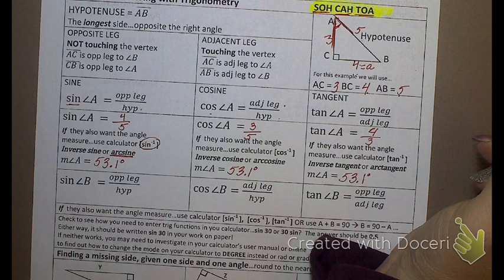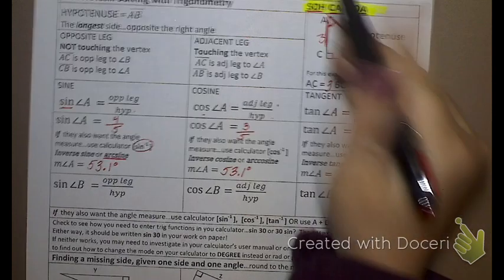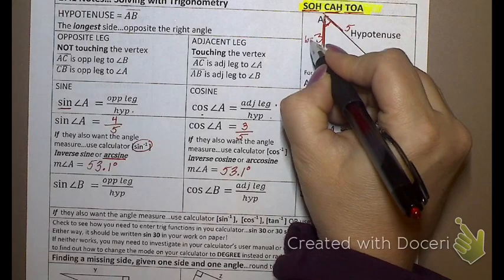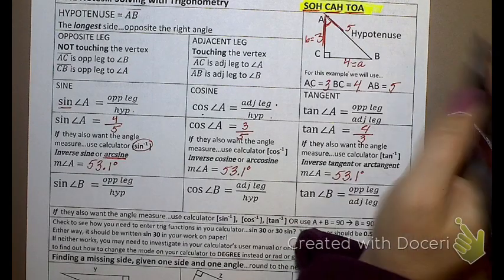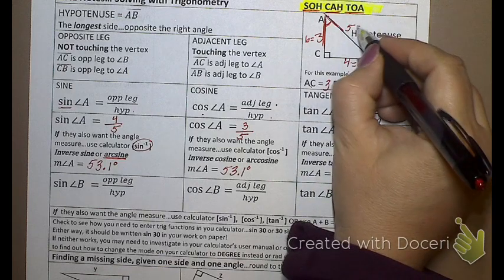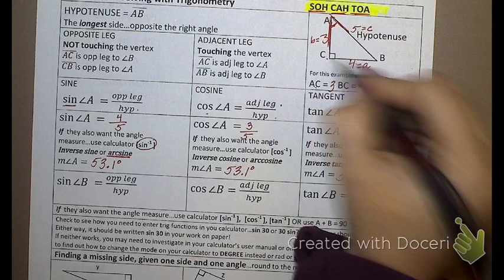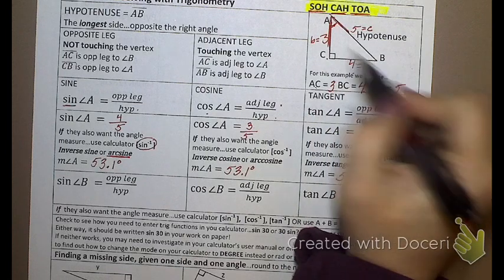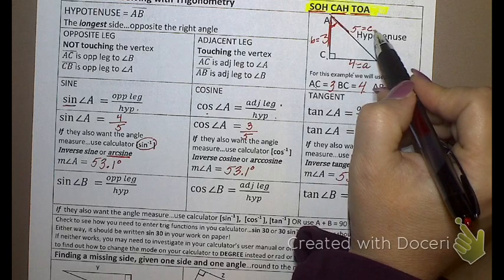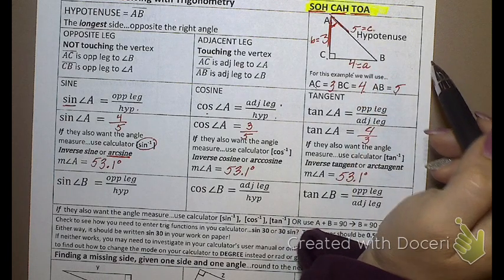Side little b is the side that is opposite angle B. So if this is angle B, little b is the side that's labeled 3. And that leaves the last side as side little c because it is opposite angle C. And if you remember from your Pythagorean theorem, a squared plus b squared equals c squared, c is always your hypotenuse. Okay? Kind of makes sense?